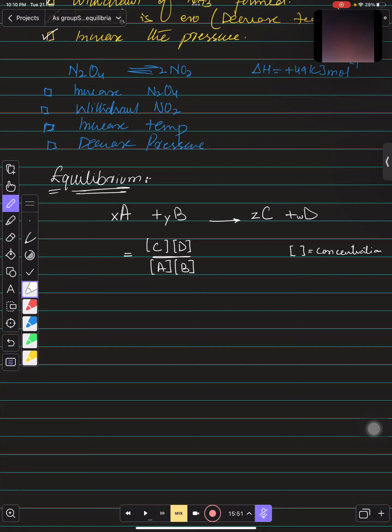So the stoichiometric number of C is Z, so it would be the power of the concentration of C, and the stoichiometric number of D is W, which is the power of the concentration of D. Same for A, it would be X, and for B, it would be Y. The concentration of products raised to the power of their coefficients over the concentration of reactants raised to the power of their coefficients would be the constant, and it is known as Kc. This is the equilibrium constant.